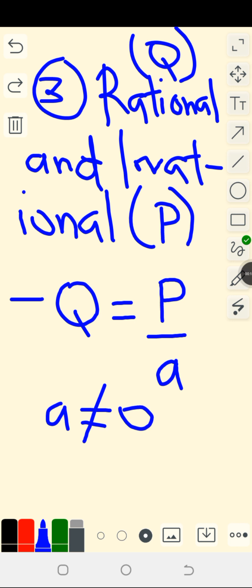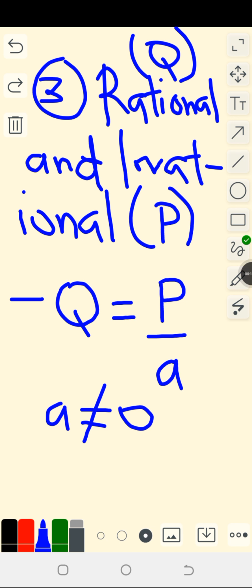Because if the denominator of a rational number is 0, that number automatically becomes infinity, which means a non-ascertainable number. Don't forget that we said whole numbers, natural counting numbers, don't have an end. So the denominator must not be equal to 0 for it to be a rational number.